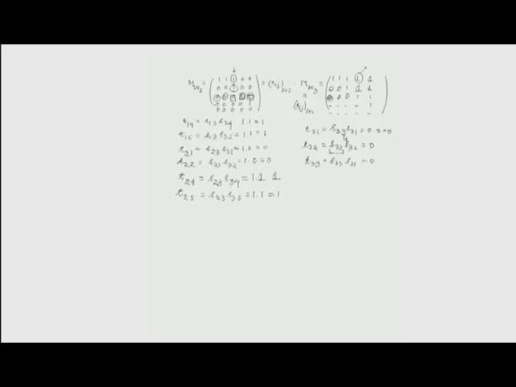Now, next we come to T 41, which is S 43 into S 31. Now, what is S 43? S 43 is 0. So, I do not have to worry, it is 0.